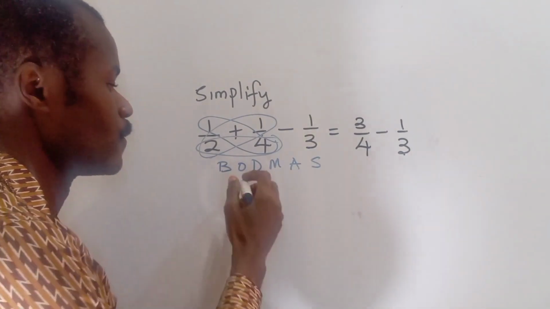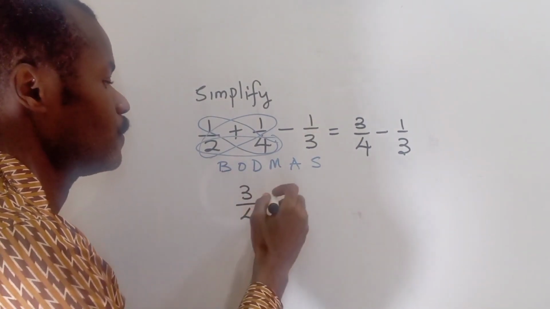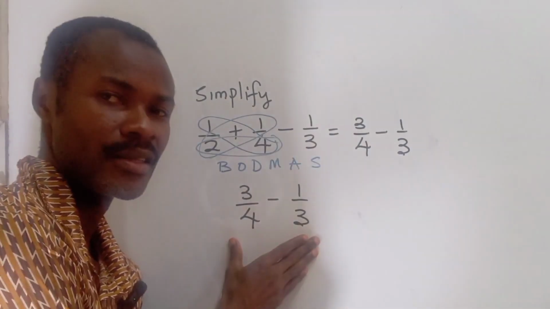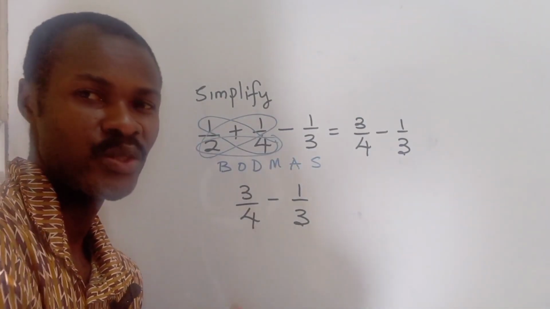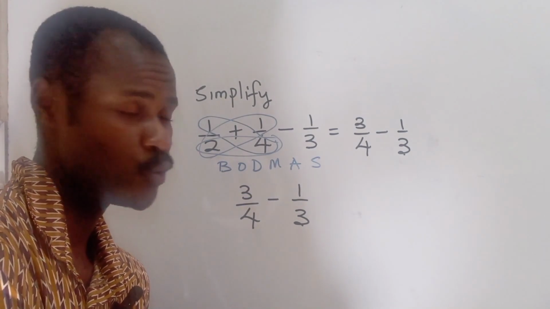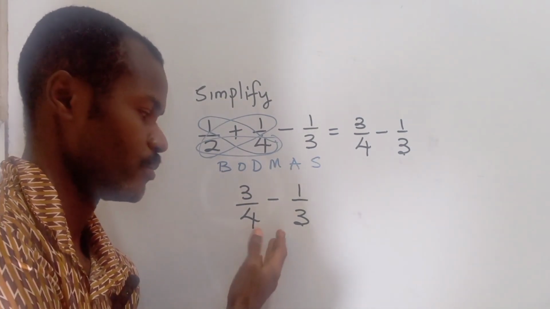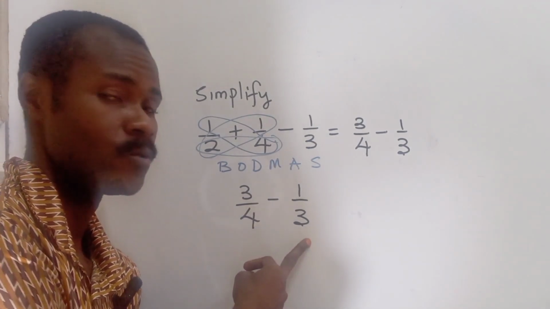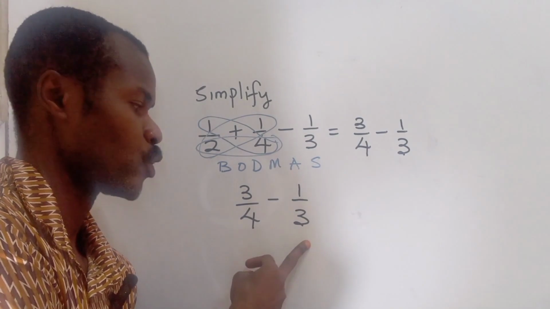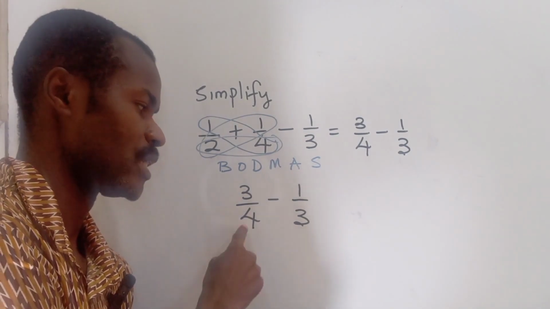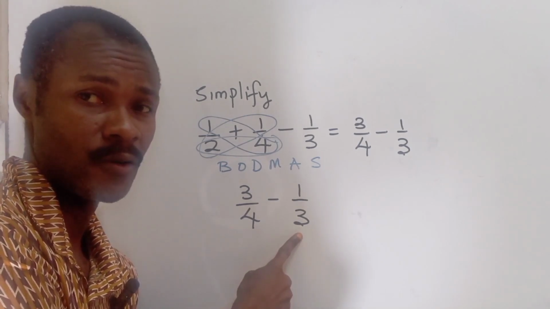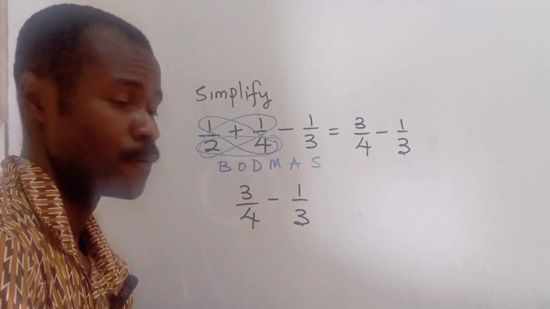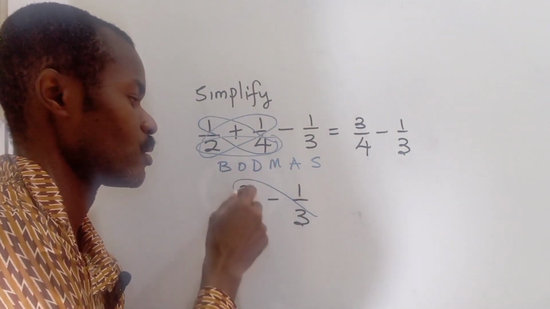Now that we have learned all the methods, we can finally solve this. We have 3 over 4 minus 1 over 3. When you get to this point, you can use any of the 3 methods I've shown you. You can use LCM by looking for the LCM of 4 and 3. You can also use equal denominator, where you make these 2 denominators equal. Or you can use cross multiplication, and for this, I think I will use cross multiplication.